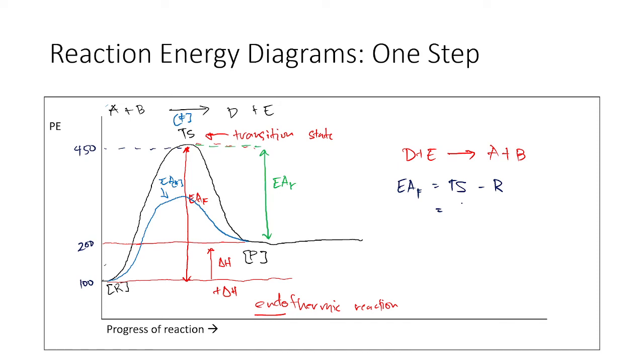So our energy of activation for the forward reaction will be 450 minus 100, which is 350. Ibig sabihin, we need to add 350 units of energy on our reactants for the reaction to move forward.